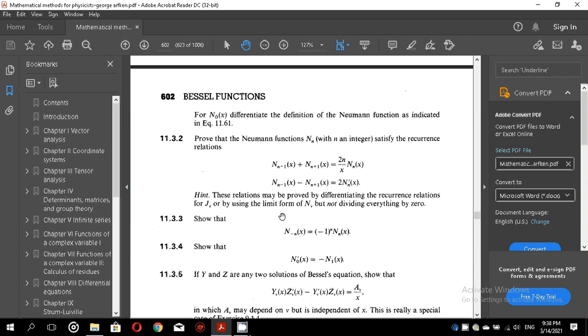Okay, so that's it for the Neumann functions, or as we call them, the Bessel's functions of second kind.